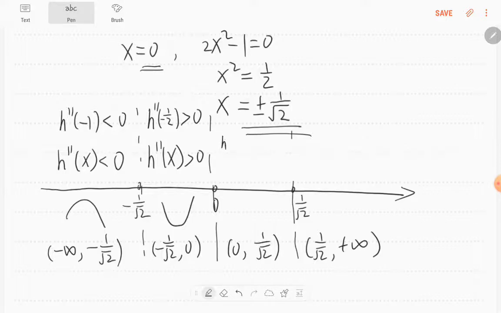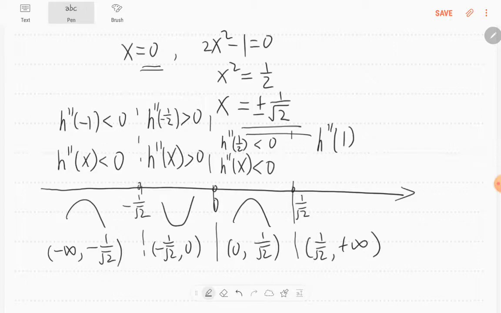And here, h double prime of 1/2, we plug in 1/2, so it's negative, sorry. On this interval the second derivative is negative, so concave down. On this interval, we plug in positive 1. It would be positive, so here the second derivative is positive.